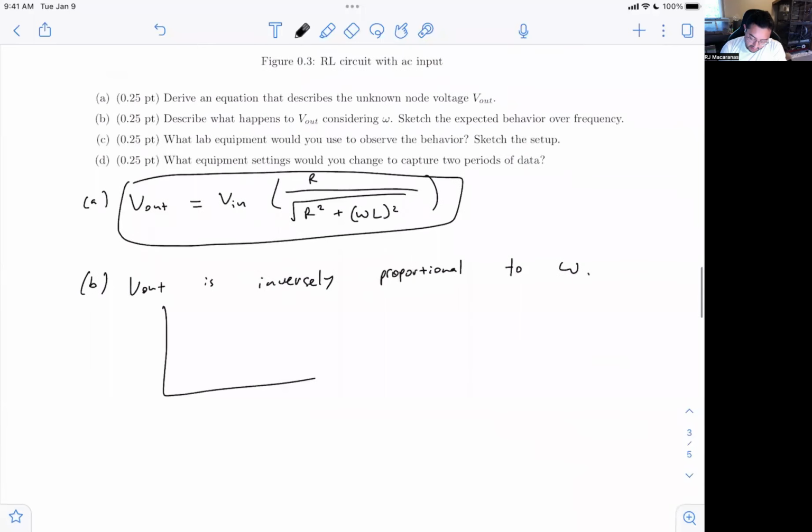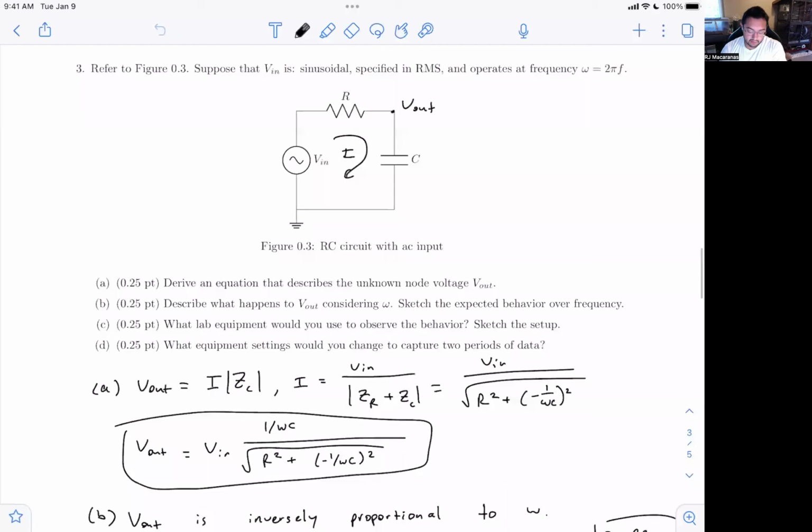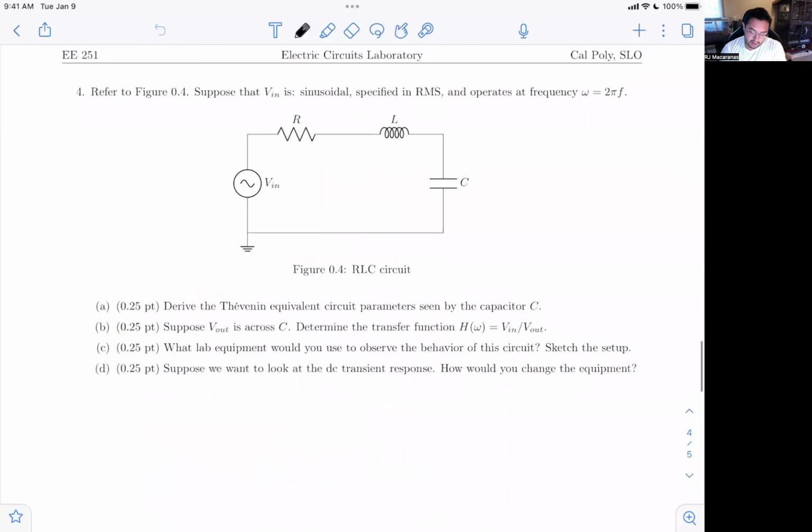If we were to draw that, at omega equals 0 we're at this input voltage and we taper off at higher frequencies. Then again, part C and D are the same, so we don't need to go over that. So go into version 1, question 4.